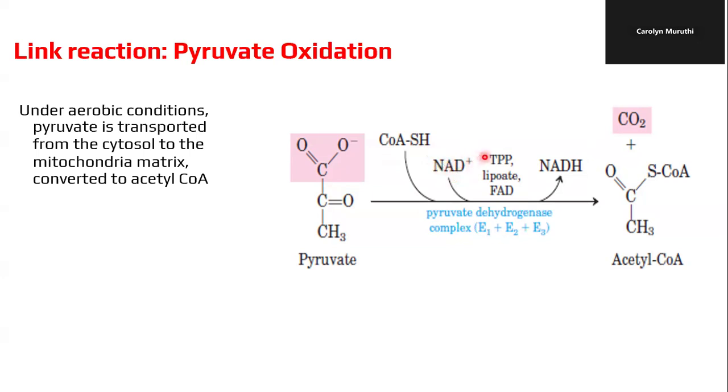We have thiamine pyrophosphate, which is derived from thiamine, that is vitamin B1, and also FAD, which is derived from riboflavin or vitamin B2. So this enzyme complex, which involves 3 enzymes, will result in the conversion of pyruvate to acetyl-CoA and also generate a carbon dioxide molecule.